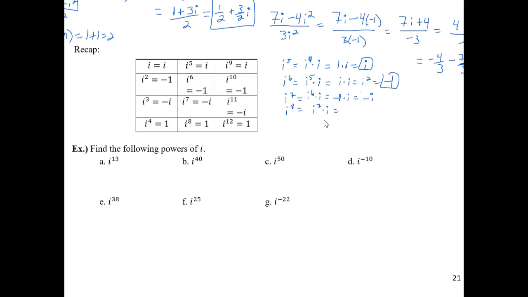We just found i to the seventh was negative i, and negative i times i would be negative i squared, but i squared is negative 1, and negative 1 times negative 1 is a positive 1.